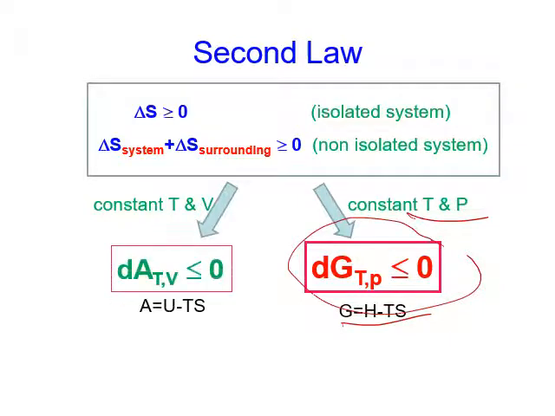Okay, and if temperature and volume are constant, then there is a function called Helmholtz energy, which is U minus TS. This function includes system and surrounding entropy, with the opposite sign. So when total entropy increases, the Helmholtz energy decreases under constant temperature, constant volume.